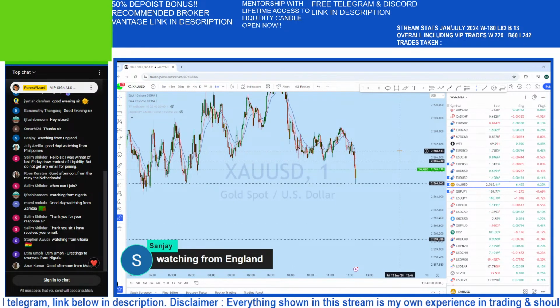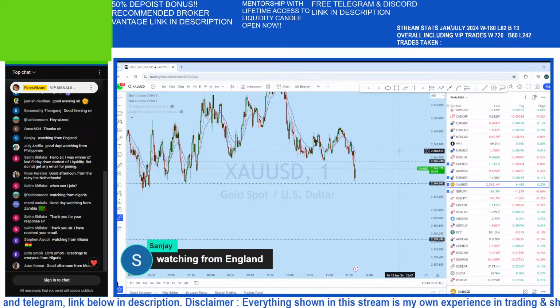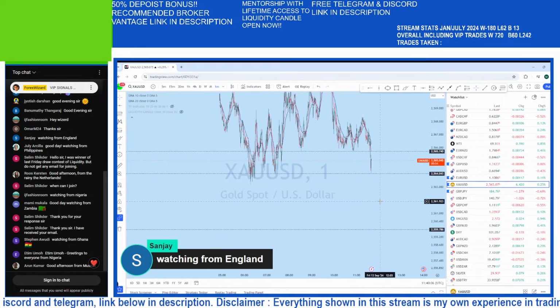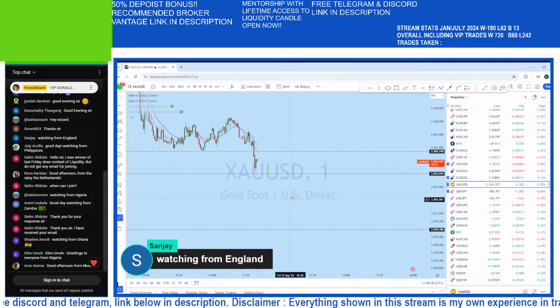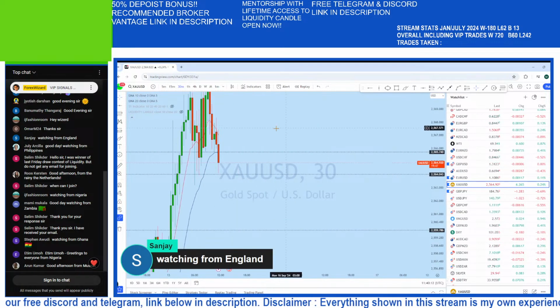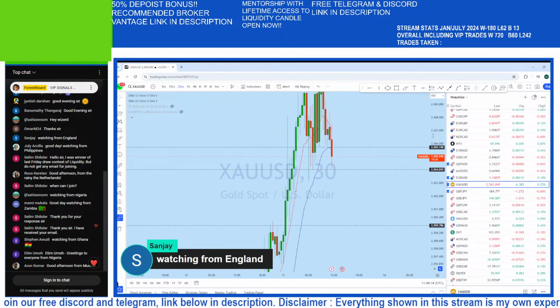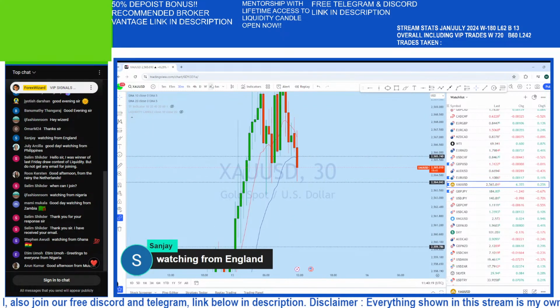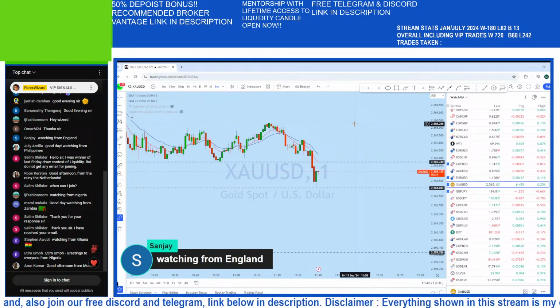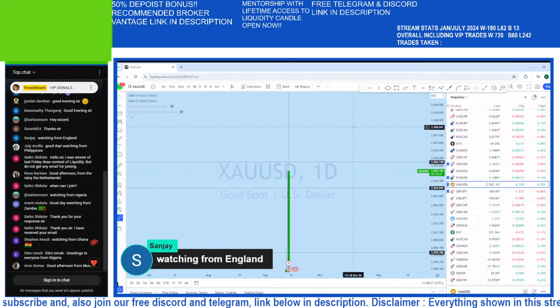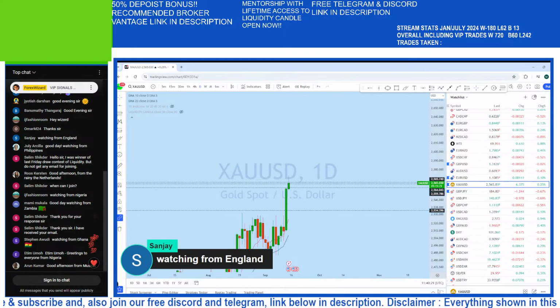Also on the 1 minute, we can see quite a few 1 minute candles. So we can see that on the 1 minute, the price on gold is highly bullish.